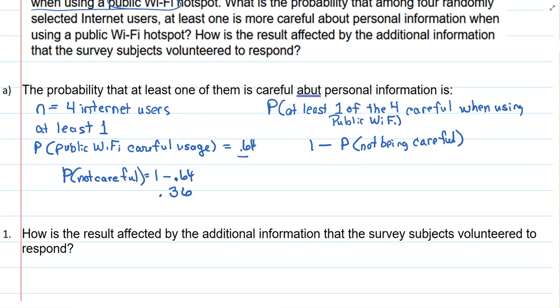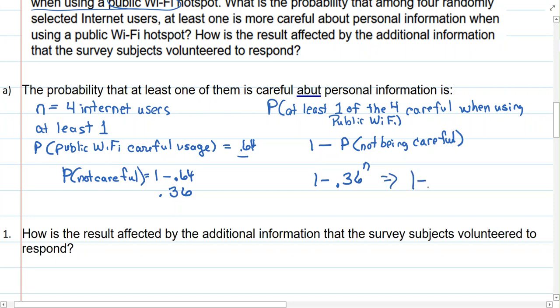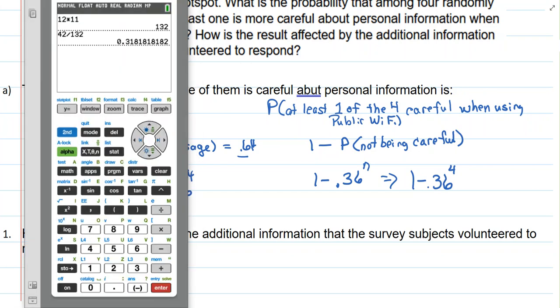And we have to understand that the repetition of the value is to the number that we need, which is the number of the N. All right, because the at least says that none of them are careful. None are careful. So that would be decimal 36 times decimal 36 and so on 4 times. So let's do the math. It should be small, shouldn't it?